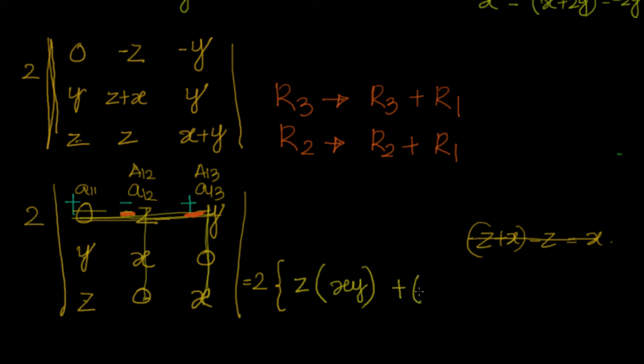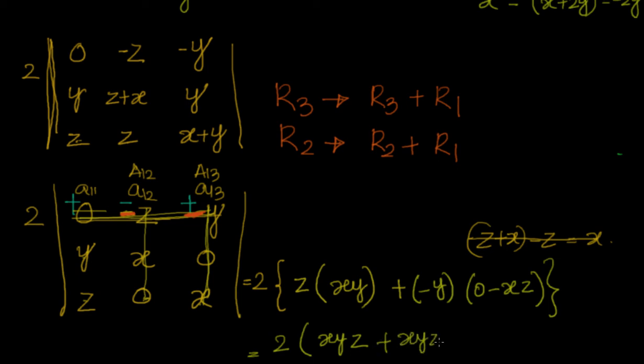Okay. So I will have minus y into 0 minus xz. This is what I will have. This is nothing but equal to 2 into xyz plus xyz. That's nothing but equal to 2 into 2xyz, that's equal to 4xyz.